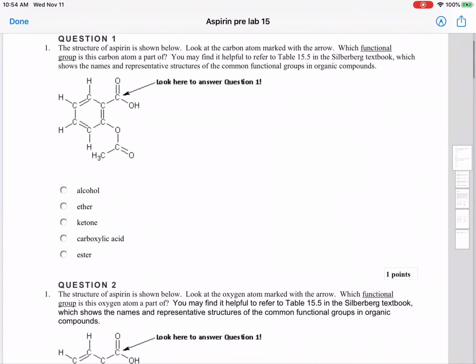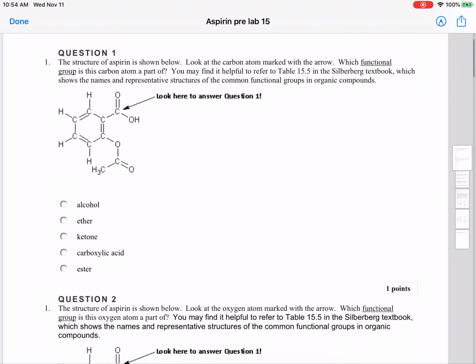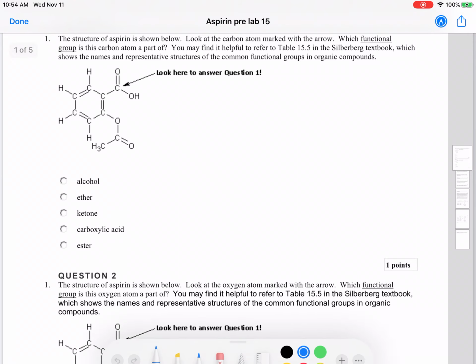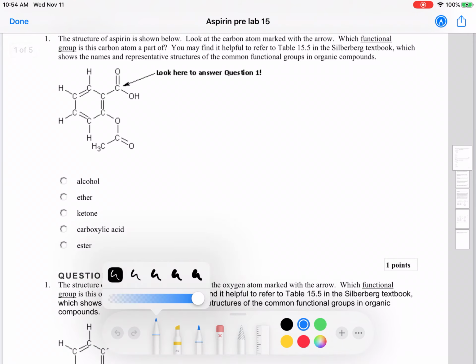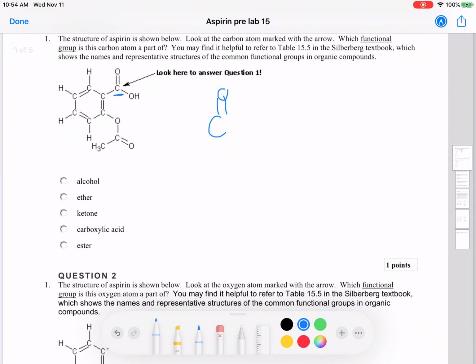Okay, so the first one is asking for you to identify the functional group. You can also refer to table 15.5 in the Silberberg textbook. This functional group has a carbonyl group, which is this group, and an oxygen and a hydrogen.